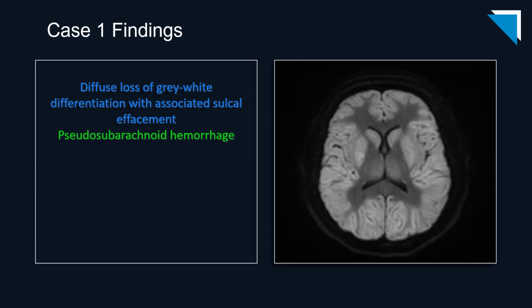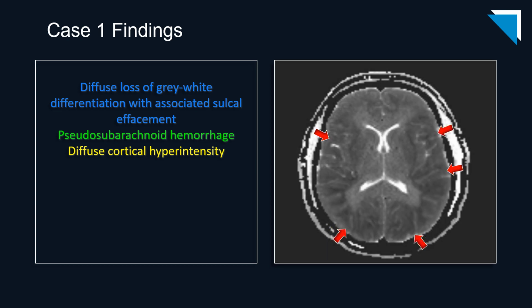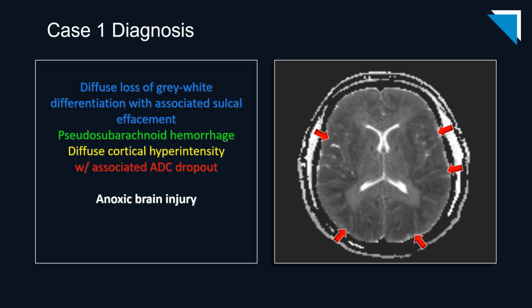Diffuse cortical hyperintensity on the diffusion-weighted images, with corresponding dropout on the associated ADC map. So our diagnosis is, of course, anoxic brain injury. Most cases will not have findings this conspicuous, as we'll see going forward.